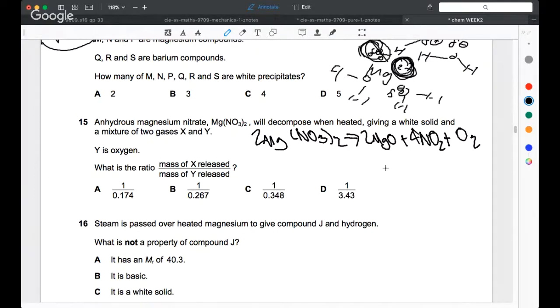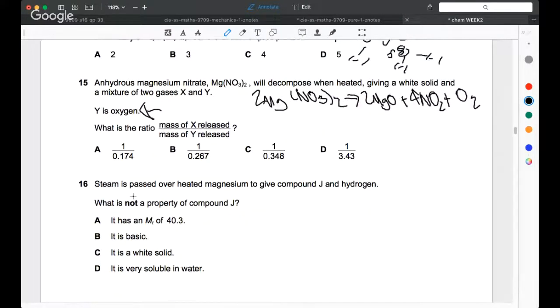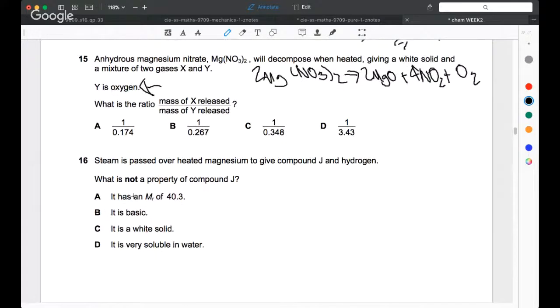To calculate the ratio, calculate the molar mass of that, times 4, and divide. For gas X, you don't need to know which is X and which is Y, because Y is oxygen. So you're just calculating the molar mass and dividing it.